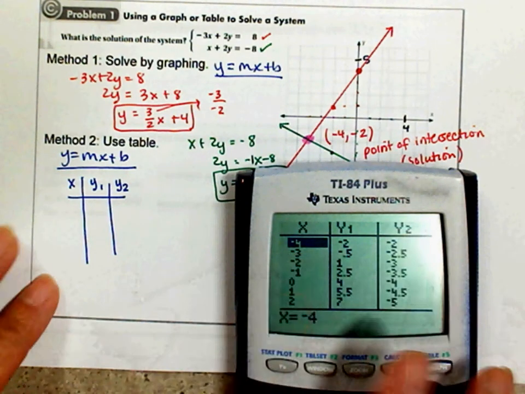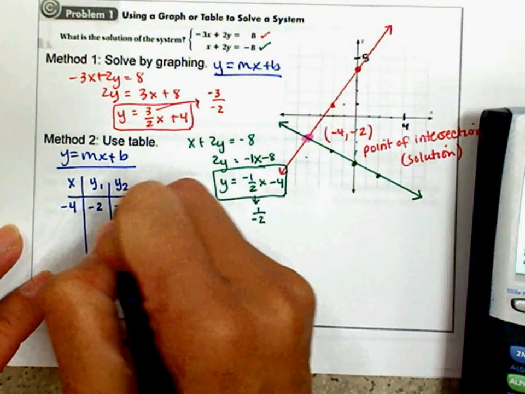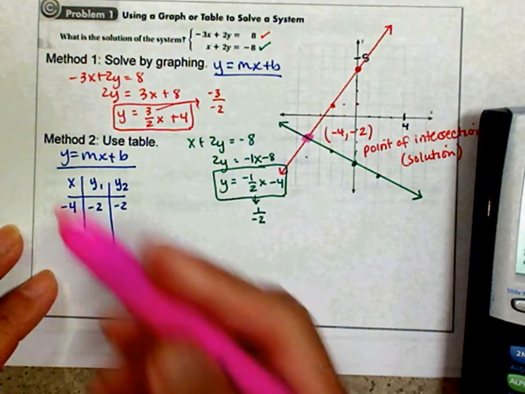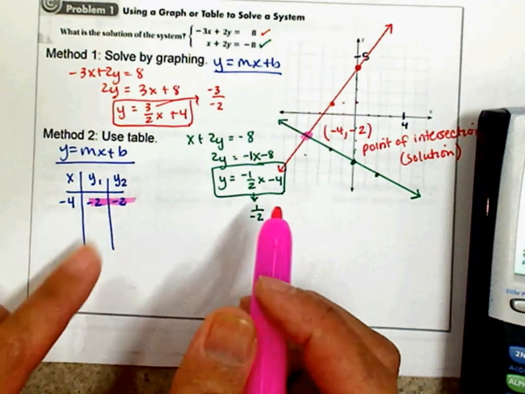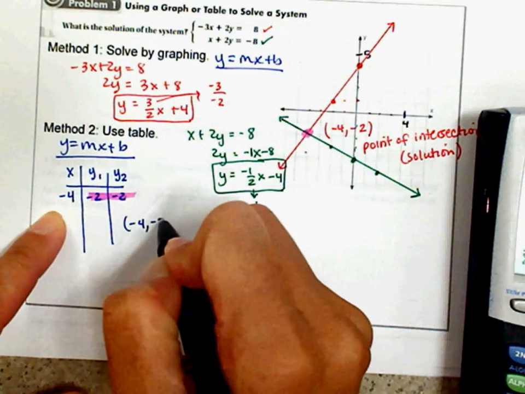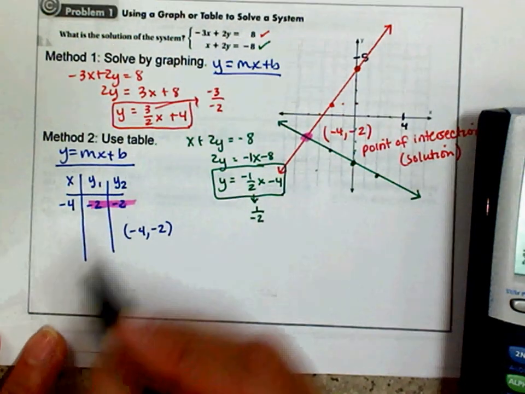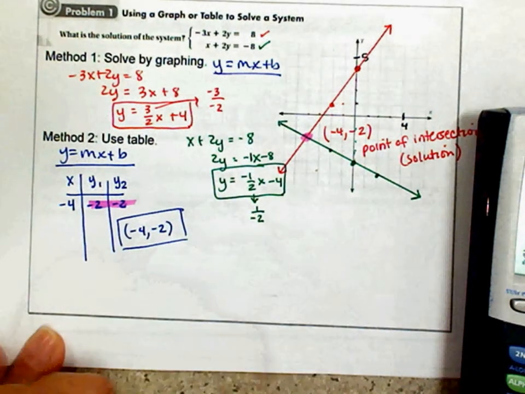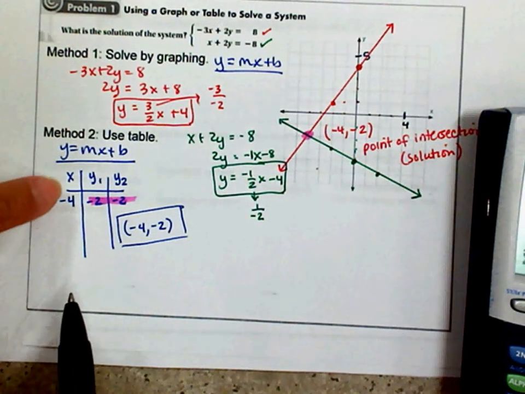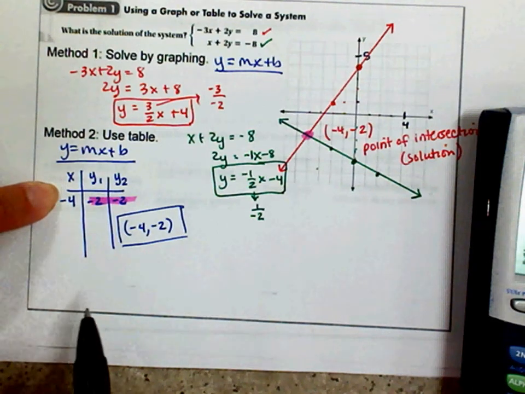So your x is -4, -2, -2. These two should match. If those two match, that tells you your solution is -4, -2. And there's your point of intersection. Okay? So that's how you can use a calculator. So I actually want to see this on your assignment so I know you got it right. And then you're going to have it by graphing as well. All right.